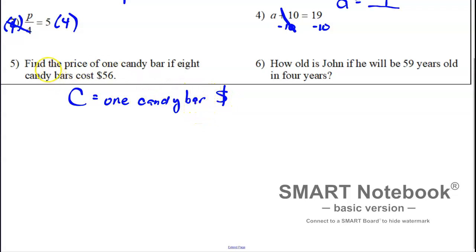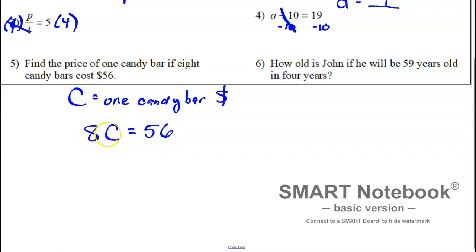Okay? So if 8 candy bars cost $56, so 8 candy bars equals 56. Okay? This was very important: C is the cost of 1 candy bar in dollars. And in here also is the algebra, the equation. Once you model it with some algebra, you can solve it.